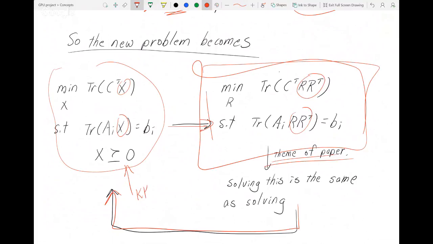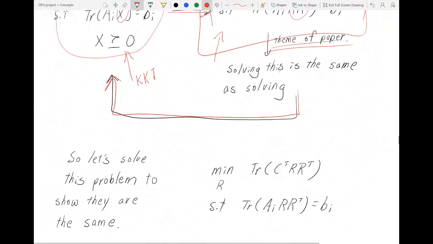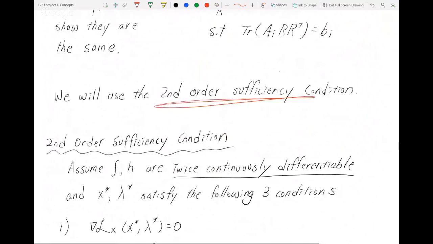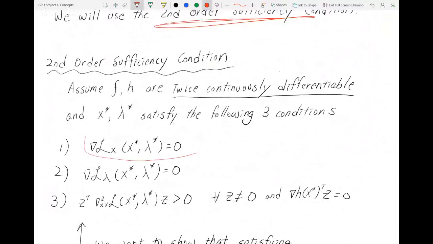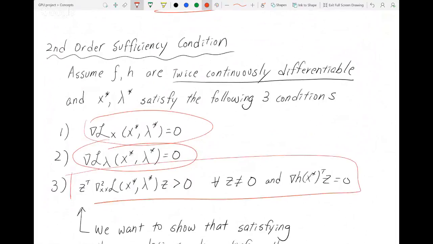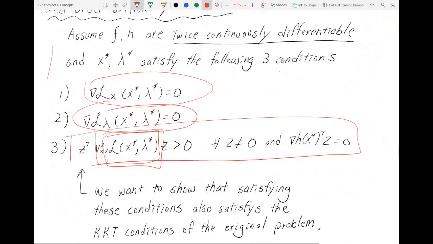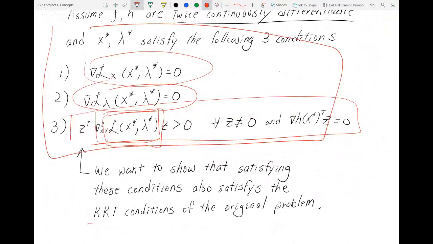So over here, remember we had used the KKT condition, whereas over here, we're going to end up using a second order sufficiency condition, which essentially just says that we want the gradient to be equal to 0 with respect to x and lambda, and we want essentially the Hessian, that's really simplifying it, but essentially the Hessian to be a positive definite matrix. And we want to show that by satisfying these conditions, we simultaneously satisfy the KKT conditions of the original problem.